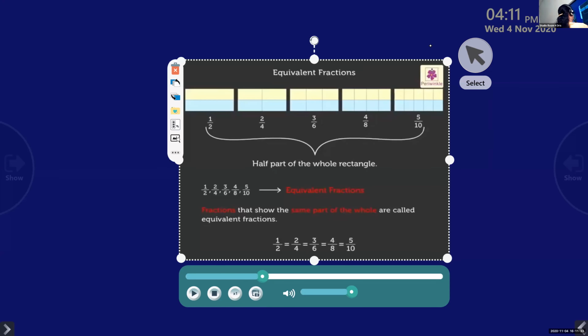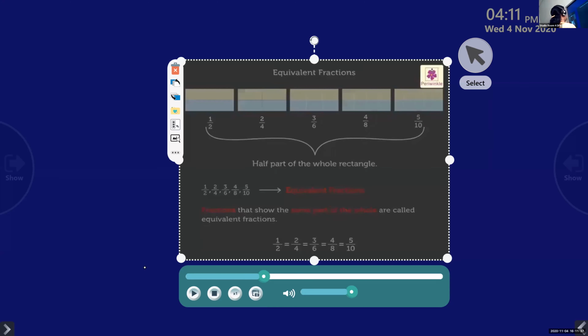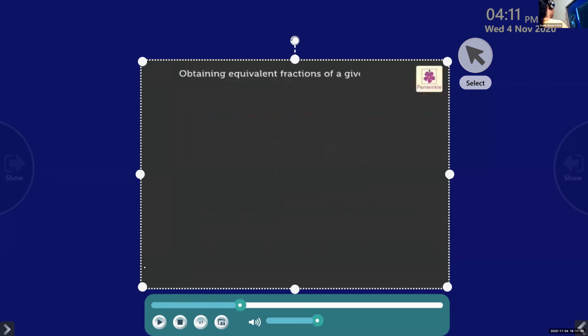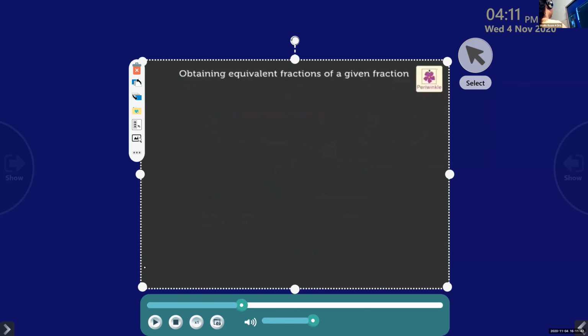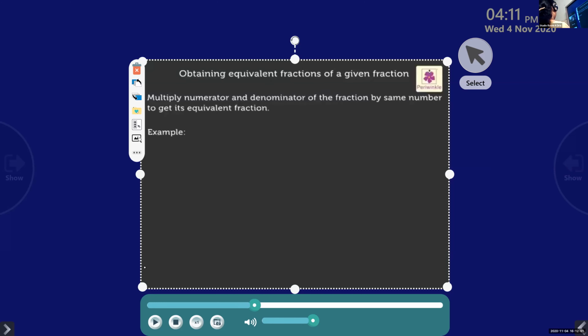Let us see how we can obtain the equivalent fractions of a given fraction. When we multiply the numerator and the denominator of a given fraction by the same number, we obtain its equivalent fractions. Now, let us solve an example to understand it in a better way.